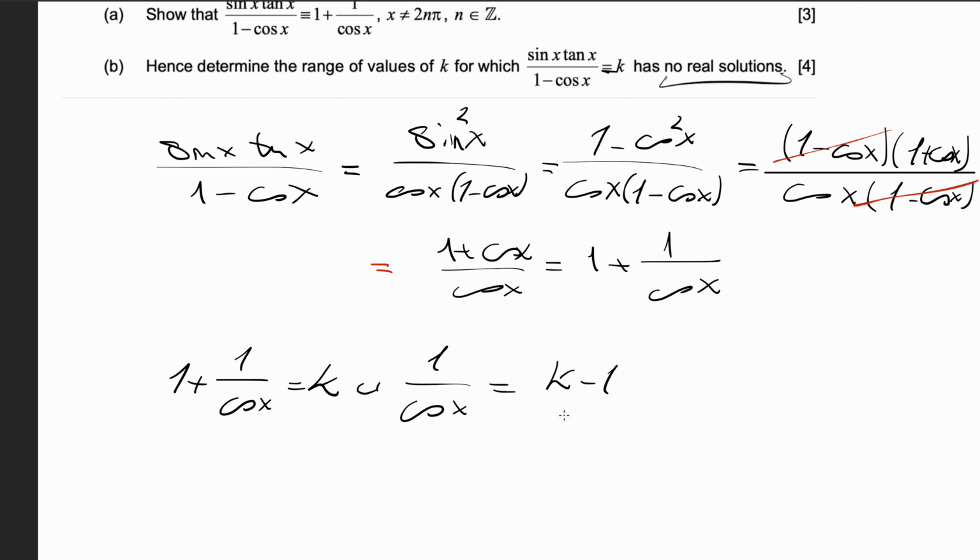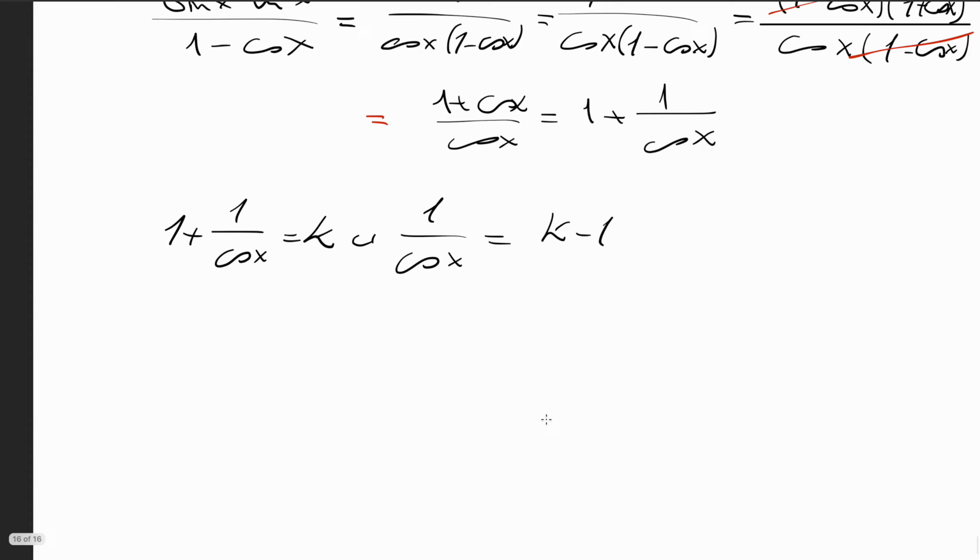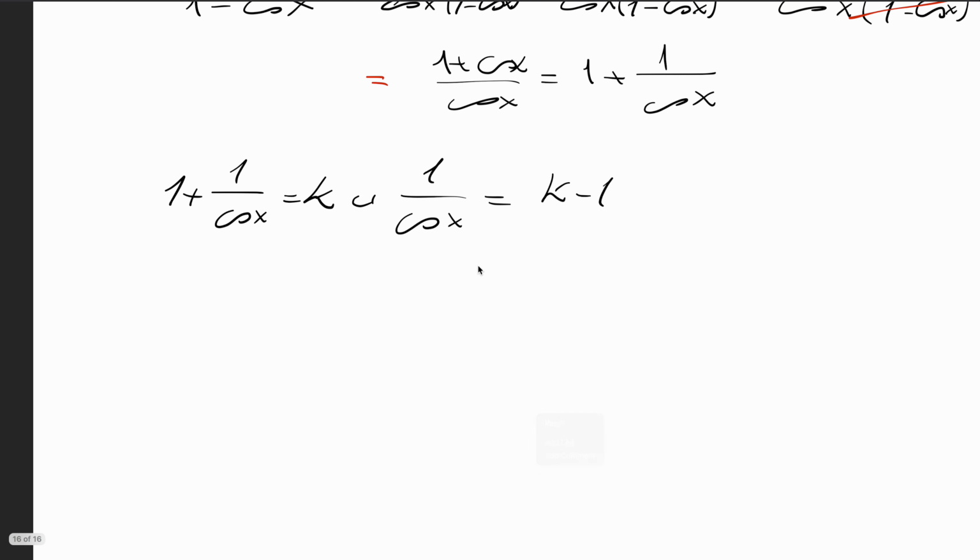So cosine of x is equal to 1 over k minus 1.